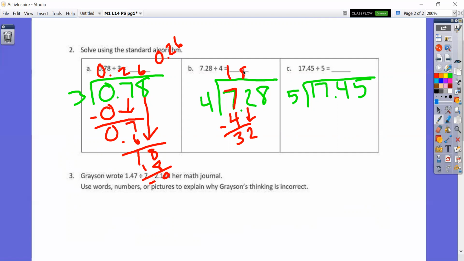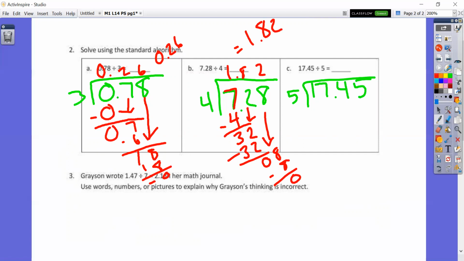So 4 groups of 8. I'm saying it backwards a lot, so I apologize. And that leaves us with 0 remaining tenths, and then we bring down our hundredths, and our hundredths are 8 hundredths. And knowing our multiples of 4, 4 groups of 2 gives us 8. So there's 0 remainders on this number, so our answer should be equal to 1.82.